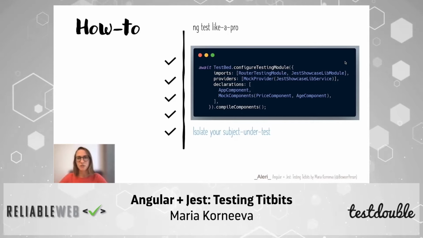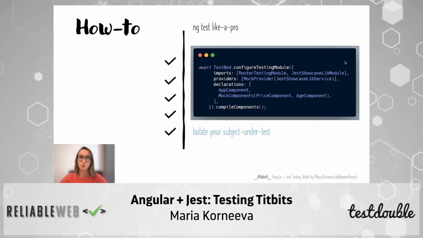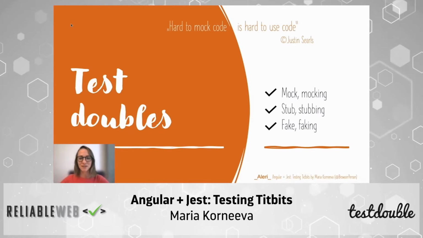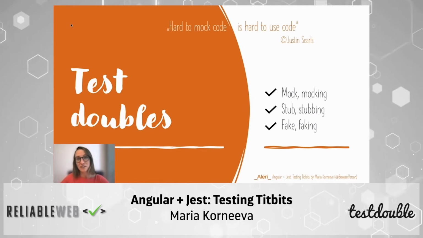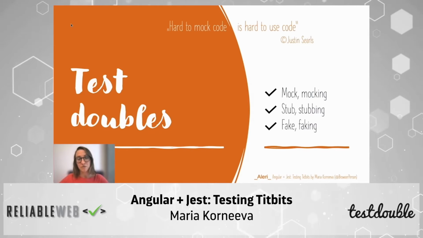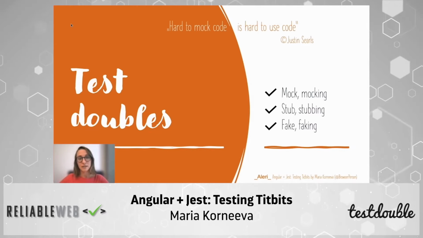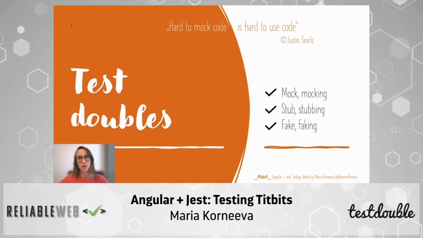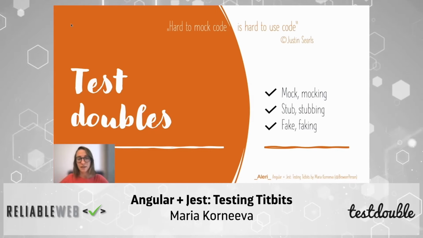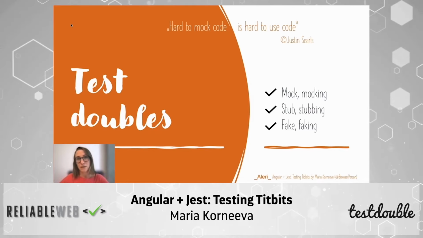But maybe I should have even mocked away the just showcase sleep module too. To mock or not to mock, that's actually a very good question. There are a couple of very good resources that I linked in the repository for this talk. I like the idea of Justin Searls that says that mocking too much might even be a code smell indicating that our components or services are not split correctly.